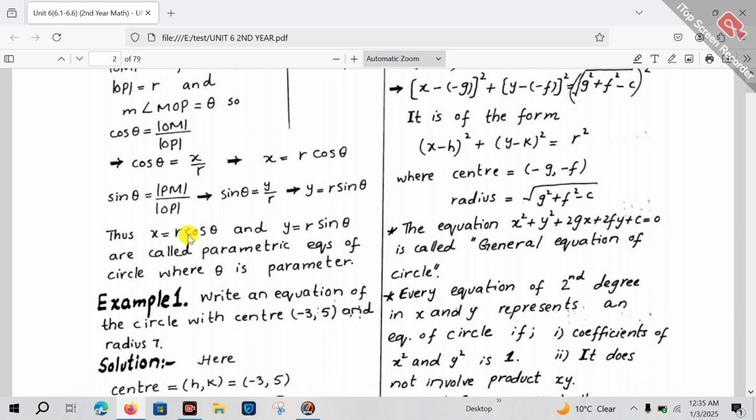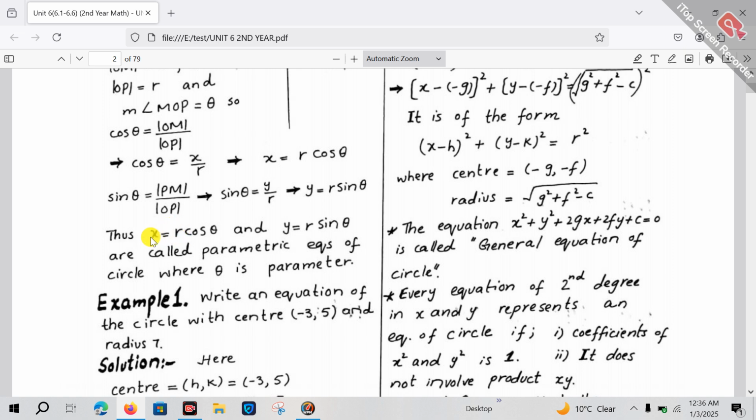But here, the point to be noted is that x is equal to r cos theta and y is equal to r sin theta are not always the equation of a circle. Rather than these two, we can put x is equal to r cos t, y is equal to r sin t, where r is a constant, or we can replace this constant by alphabets a, b, or c.